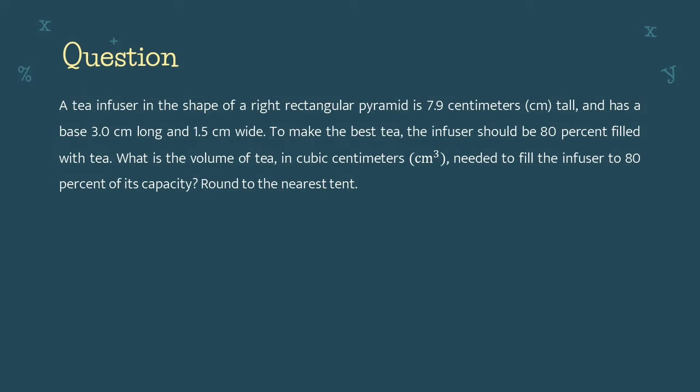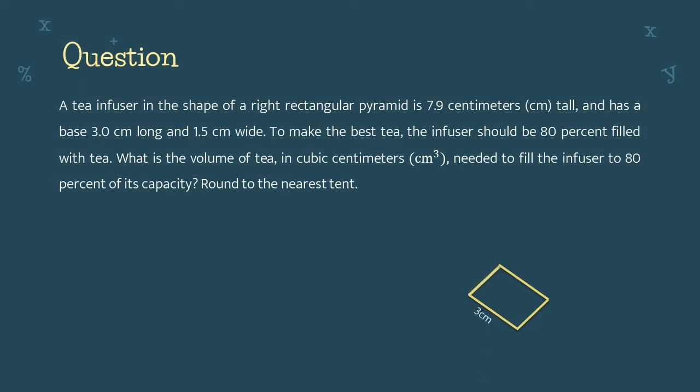Alright, so this tea infuser is kind of one of those fancy tea bags that hold their shape. It's in the shape of a right rectangular pyramid, so it's going to look something like this. Its base is 3 centimeters by 1.5 centimeters, so it might look something like that. So that's its base.